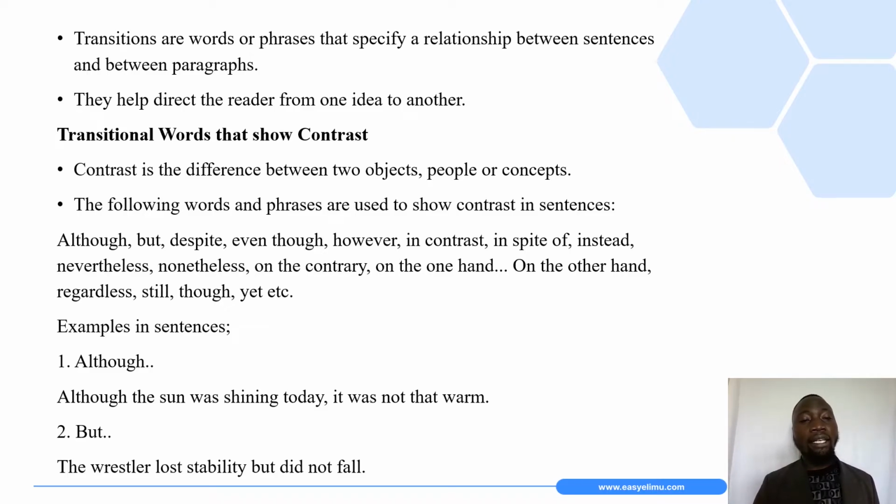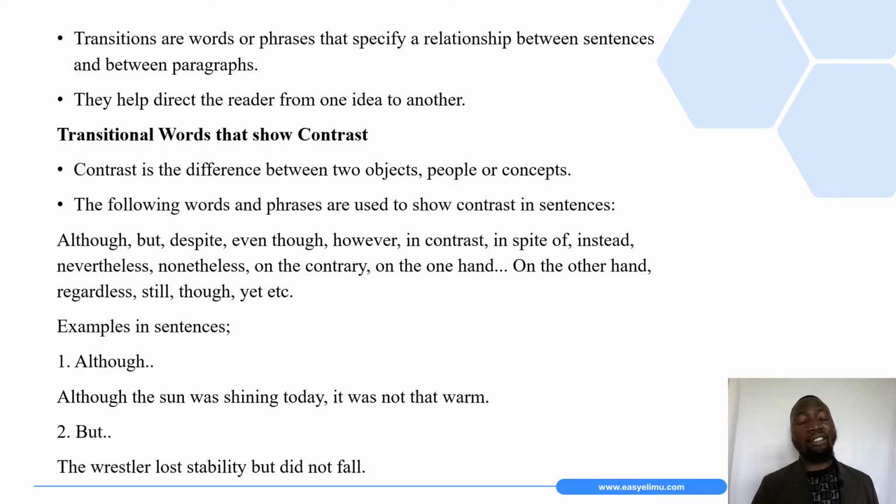Then again, phrases are a group of words in a sentence that help express a complete thought or a unit of words within a sentence.